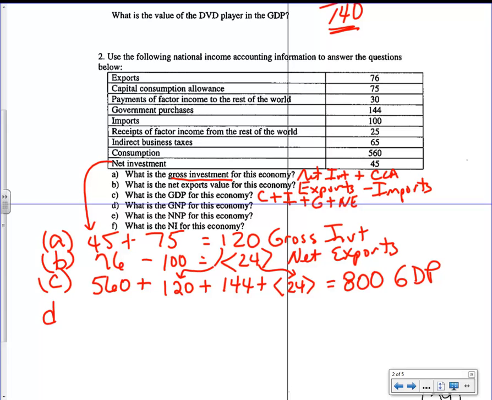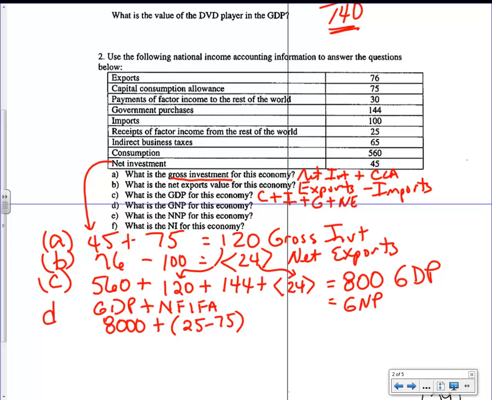Now to find our gross national product, we're going to take our gross domestic product and add back in the net factor income from abroad. Gross domestic is 800. Go back up to the top. Net factor income from abroad: we're going to take the receipts of factor income and the payments of factor income and net those two together.